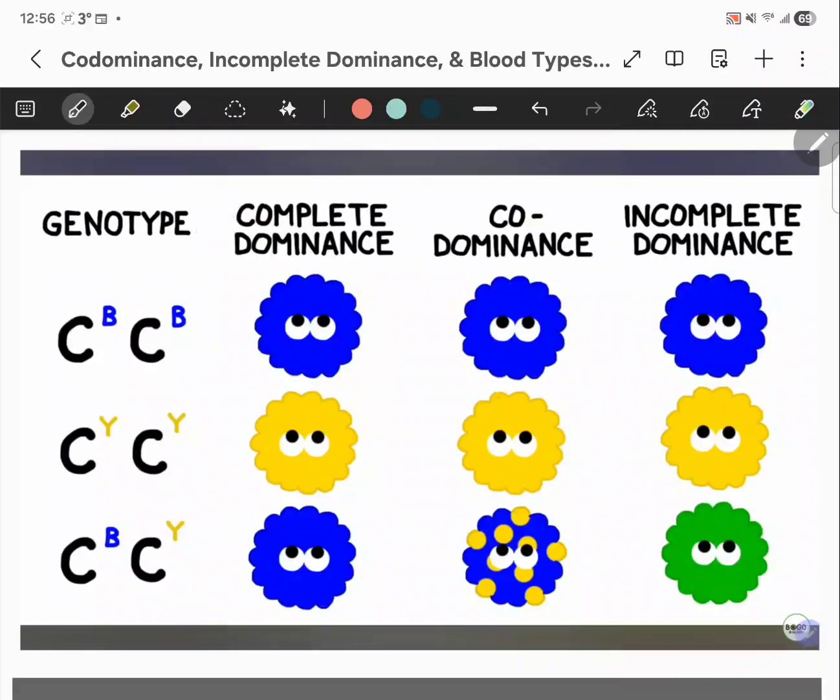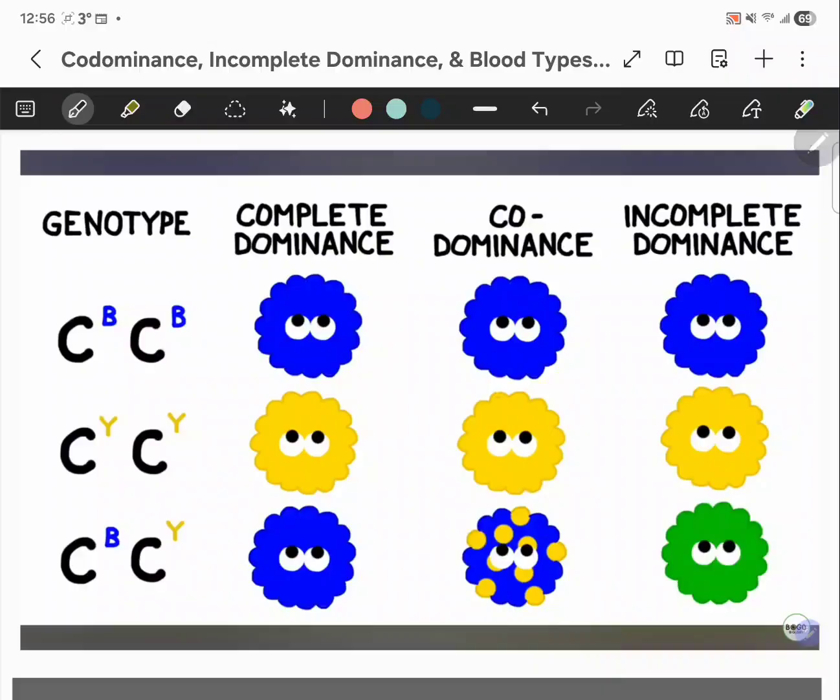So if blue is completely dominant over yellow, that means this blue allele is going to completely cover up this yellow allele and pretend like it's not even there. So what do we get? Our phenotype ends up being blue, because that blue allele completely covered up the yellow allele.